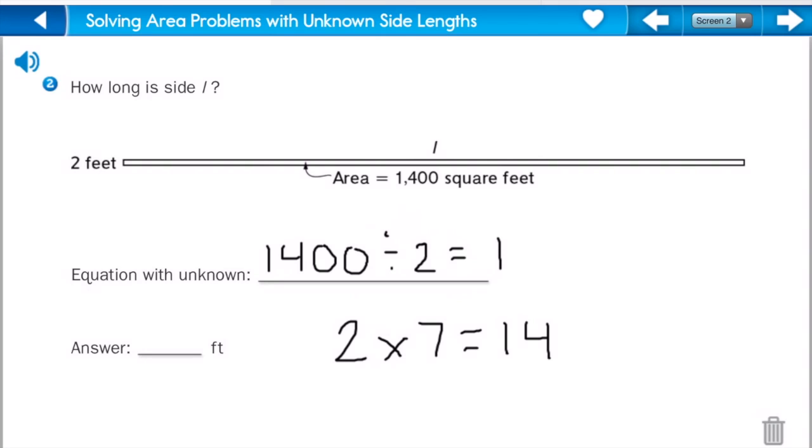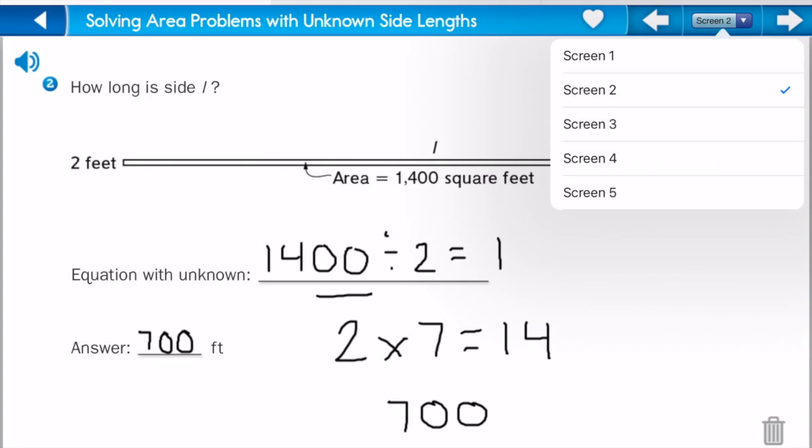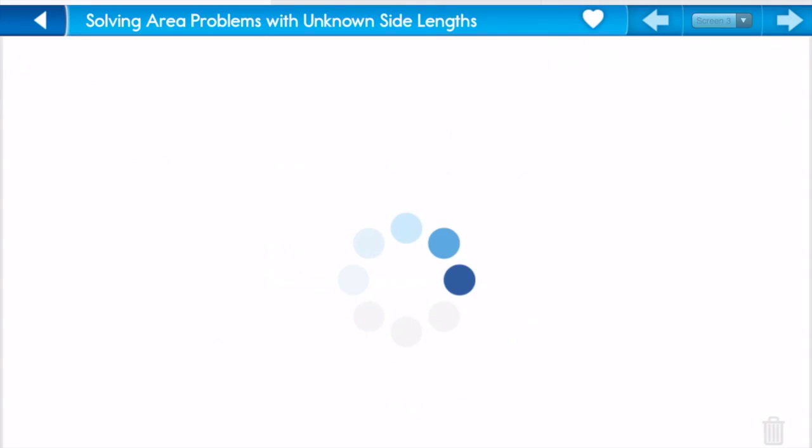But I have these 2 zeros right here, so I'm going to take my answer, and I'm going to use the 0 as your hero trick, and I'm just going to add the 2 zeros to the end, so that I know my answer is I equals 700 feet. Okay? Let's try the next one.